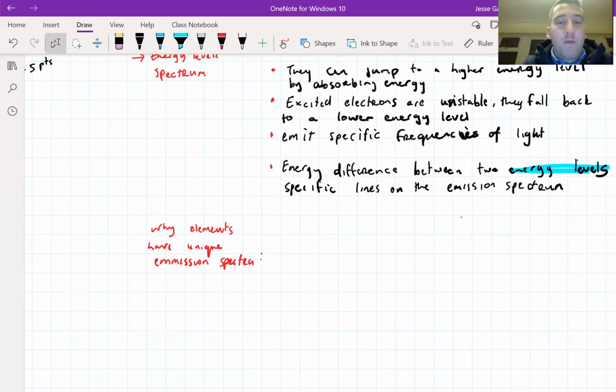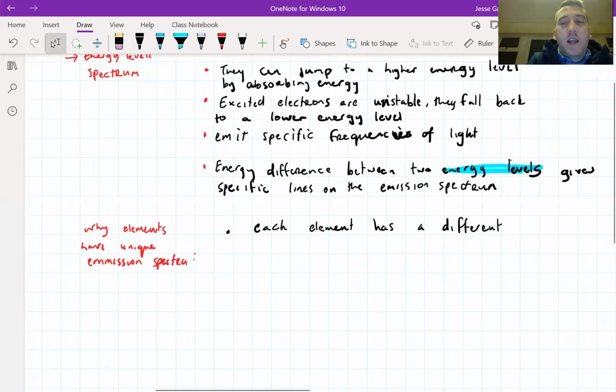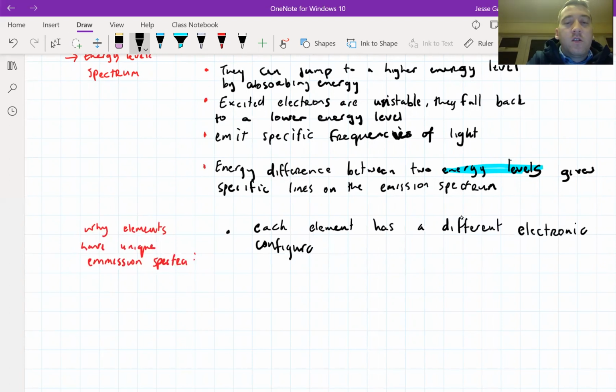Remember, emission spectra are caused by electrons. So what is different about different elements and their electrons? What's different is that each element has a different electron configuration. And if they have a different electronic configuration, that means we're going to get different electron transitions.